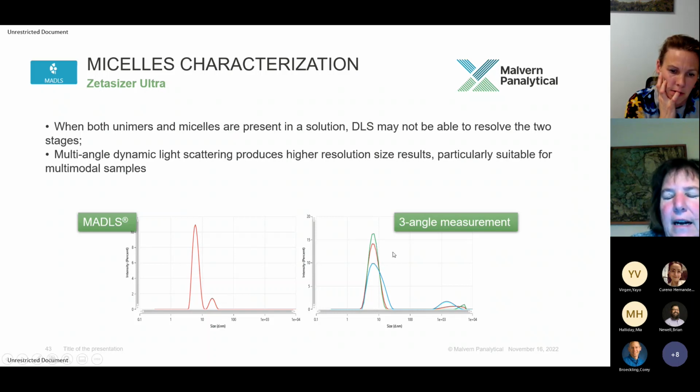And at the same time, the software takes those 3 correlograms and also combines them to give you a MADLS result. So just to show you that the data is reproducible from the 3 measurements, but it is not as resolved as the kind of result that you get from the MADLS.